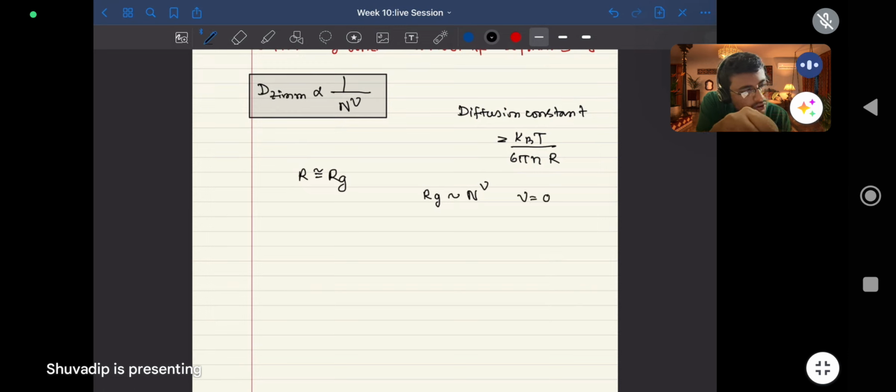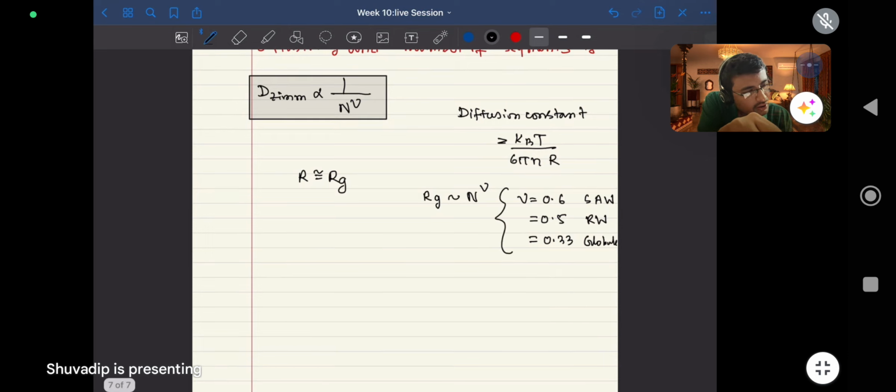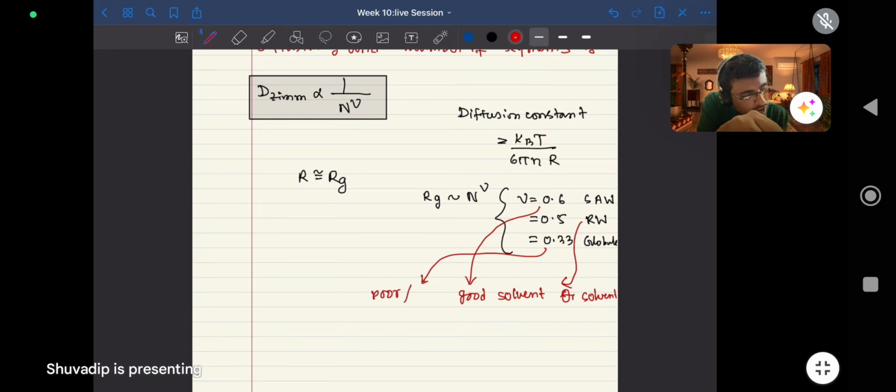So nu is equal to 0.6, it can be 0.5, or it can be 0.33. 0.6 is for a SAW kind of polymer chain, this is a random walk kind of polymer chain, and this is a globule, collapsed globule kind of polymer chain. And depending on the solvent nature, this can be also identified: this is basically a good solvent, this RW is associated with theta solvent, and the globule is associated with poor or bad solvent.